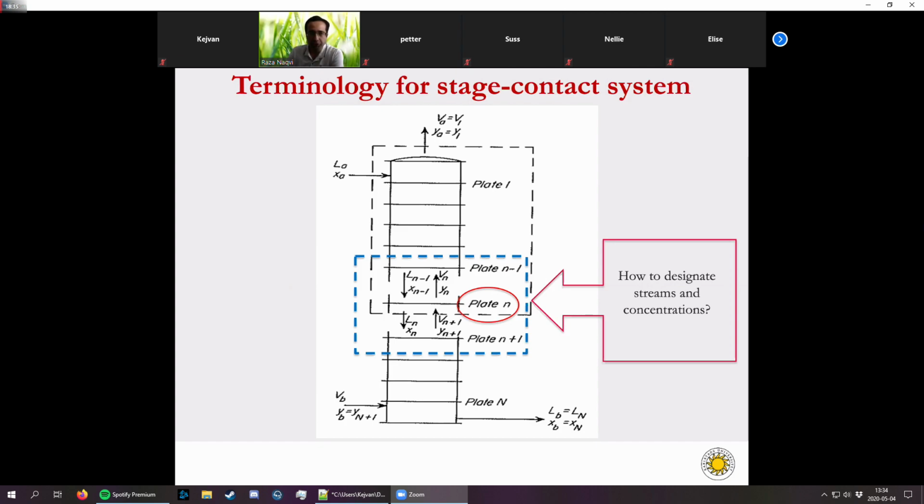So these two streams entering plate N should not be in equilibrium, so they should have enough driving force.